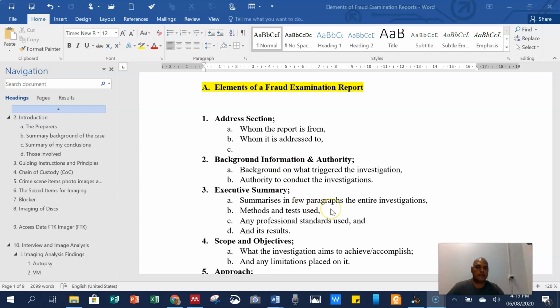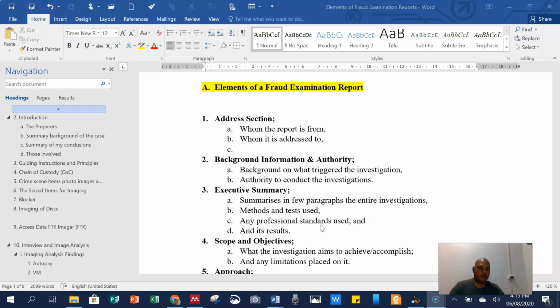For number three, we put down the summary of the entire report's findings. So we probably put, number one, a summary in a few paragraphs of the entire investigation. Secondly, we can talk about the methods that have been implemented to gather information and to investigate suspects, etc., and then the tests that have been used to conduct the investigation.